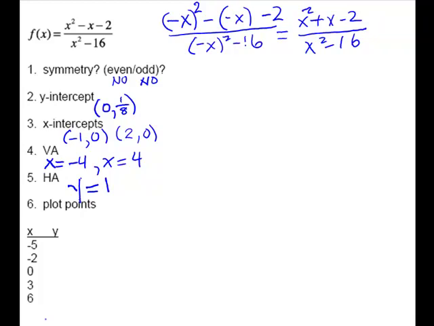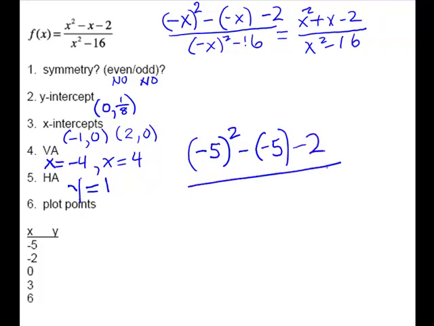And then we're going to get our points, and we'll do the same as we did with the other and use our calculator. We will plug in 1 point. So if we plug in the negative 5, we have negative 5 squared minus a negative 5 minus 2 over negative 5 squared minus 16.